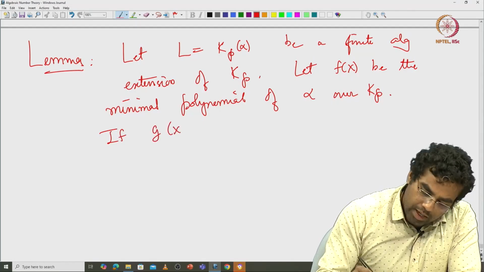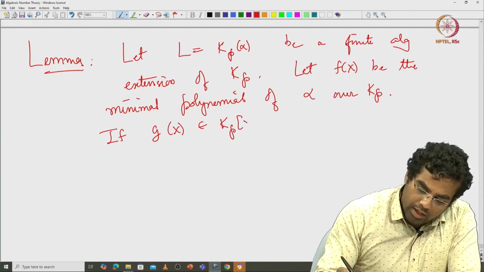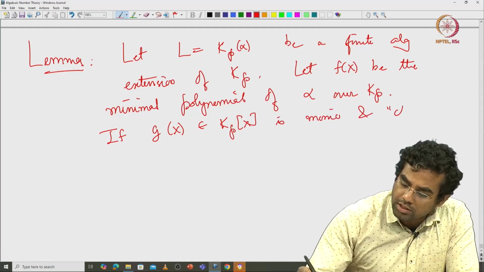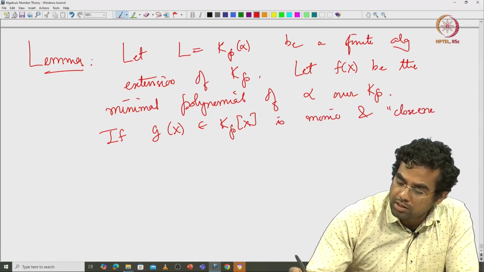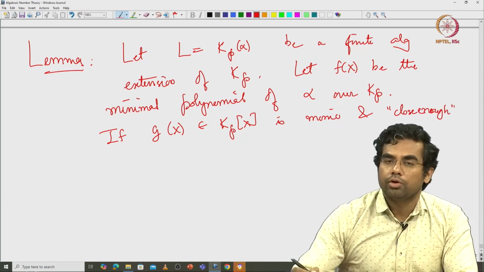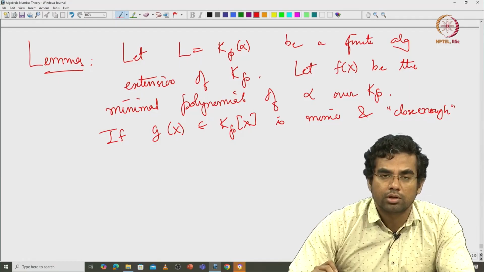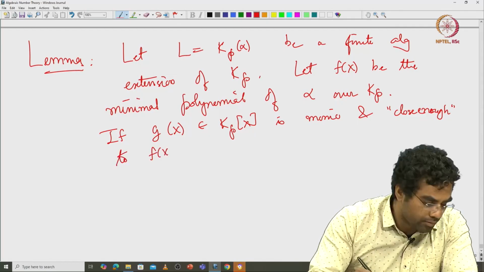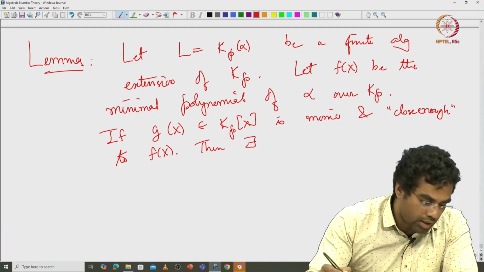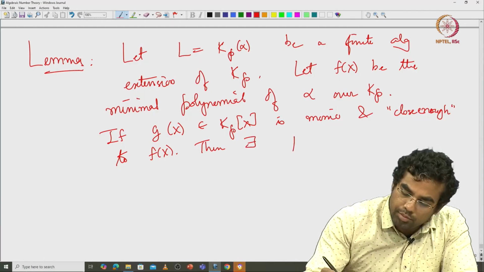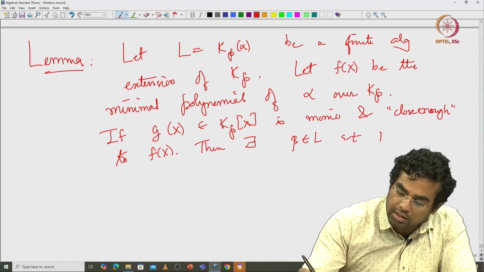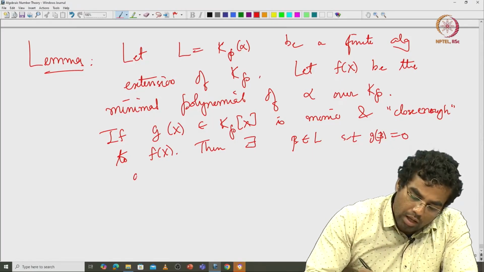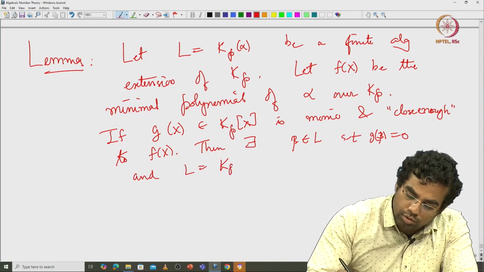If g of x in K_P of x is monic and close enough, I am not going to say what close enough means, but it means that each coefficient of g is close enough to the corresponding coefficient of f, then there exists beta in L such that it is a root of g, and L is also equal to K_P of beta.